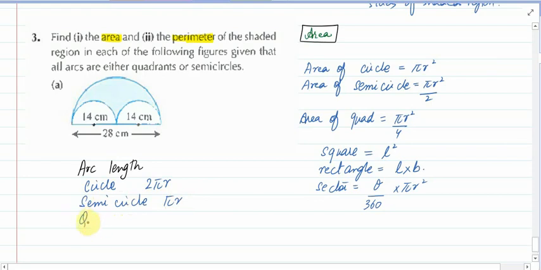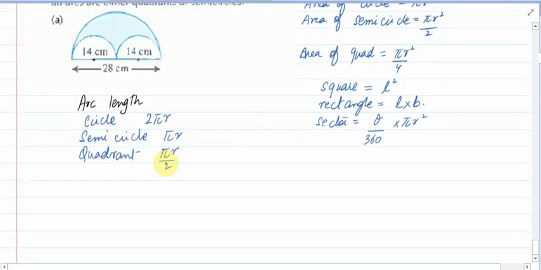Arc length of a quadrant is pi r divided by 2, and arc length of sector is angle divided by 360 multiplied by 2 pi r. So I have written all the working formulas so that I won't repeat it again and again.